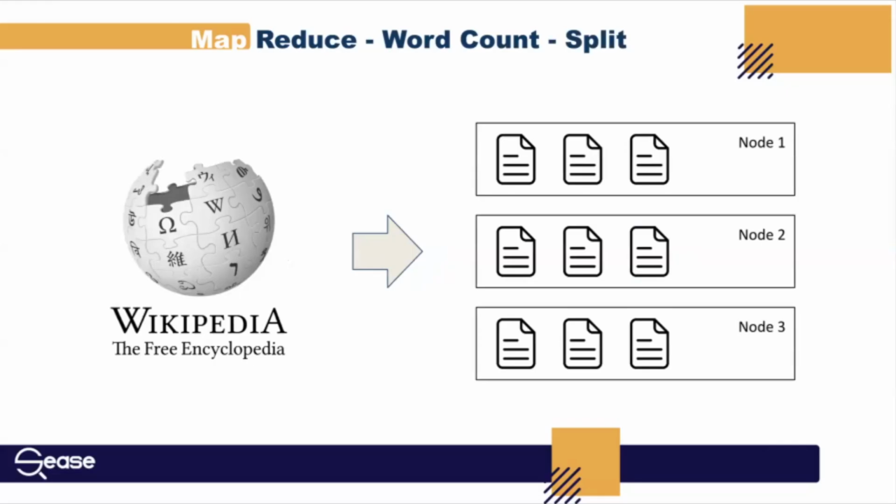MapReduce execution is composed of multiple phases. The first phase is that we need to split our dataset. In Wikipedia it's simple because you can use each chunk of information: a single page is a chunk of information, and each page is stored on a node of our cluster. So in this case, data are already split.